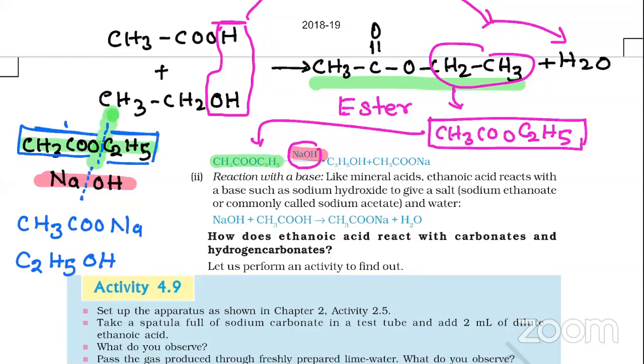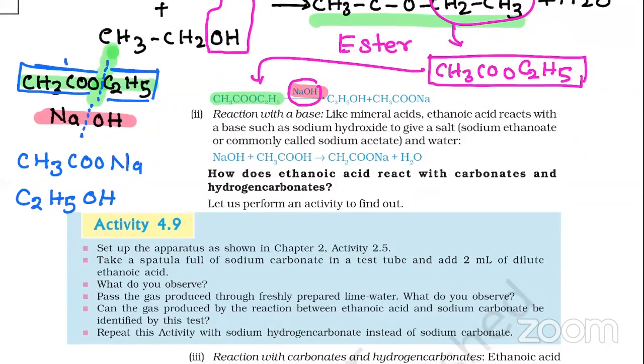And another point, let me tell you, if I am writing CH3COOH, this is an acid. If I dissolve it in water, it will lose H plus ion, right? So the remaining part will be CH3COO minus. Okay.